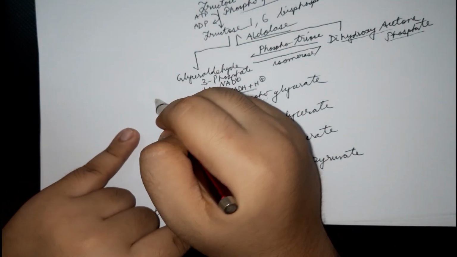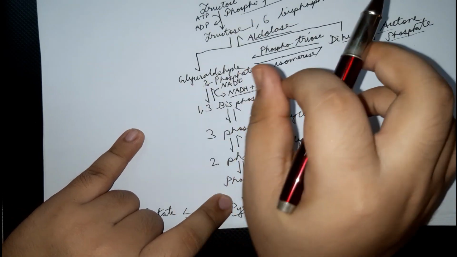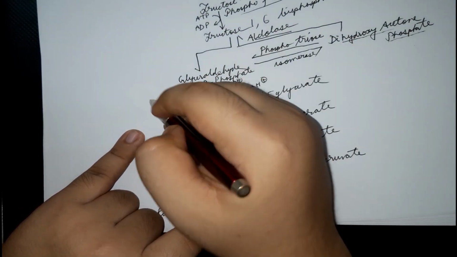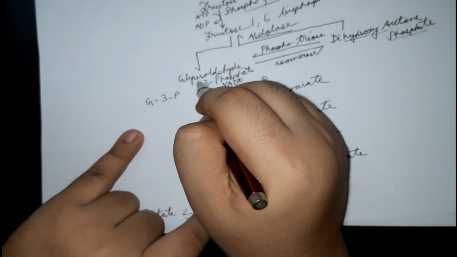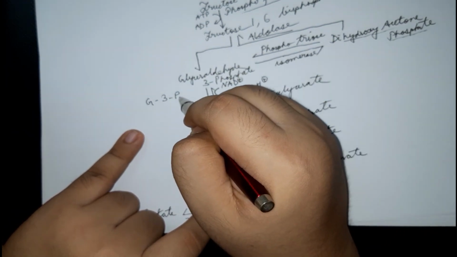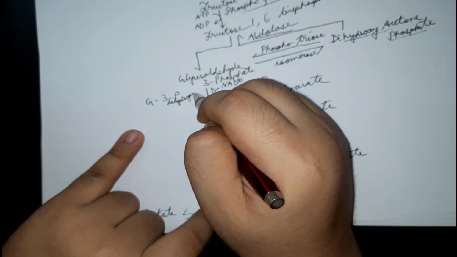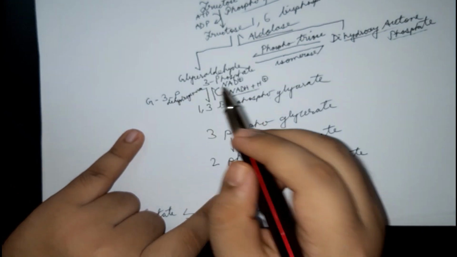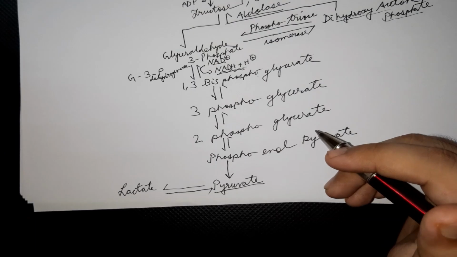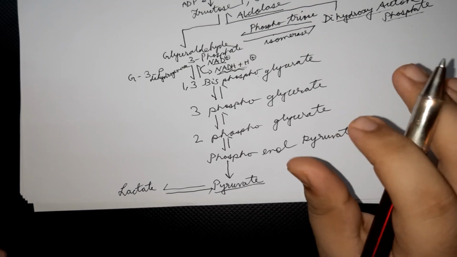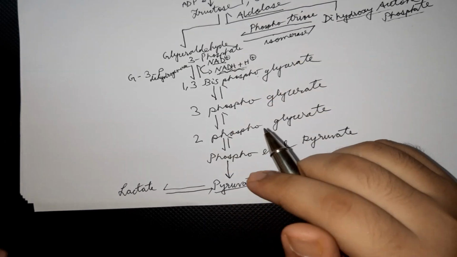The name of the enzyme is the name of the substrate plus dehydrogenase, that is glyceraldehyde 3-phosphate dehydrogenase. So glyceraldehyde 3-phosphate dehydrogenase is the name of the enzyme, and obviously that's pretty logical, right?